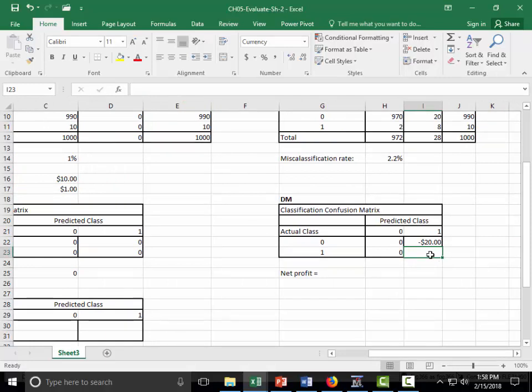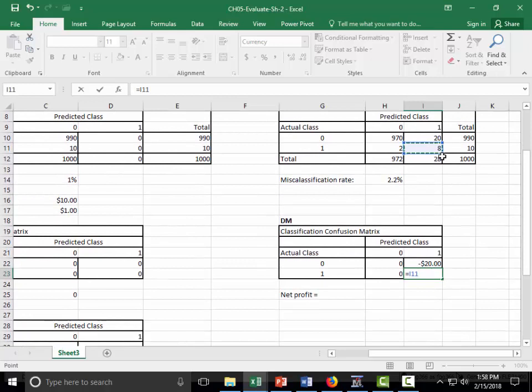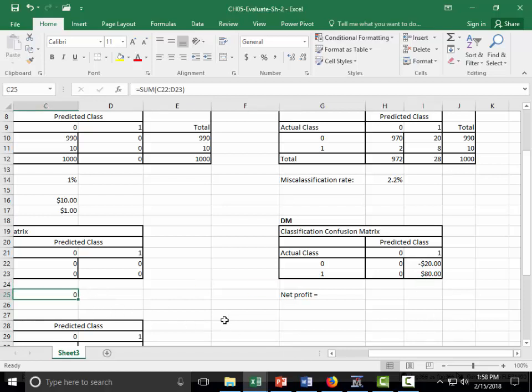You're not getting anything back, right? But from these 8 people who are actual ones, of the 28, 20 were false positive. 8 are true positive, and they will give you a profit of $10 each. So your net profit then is $60.